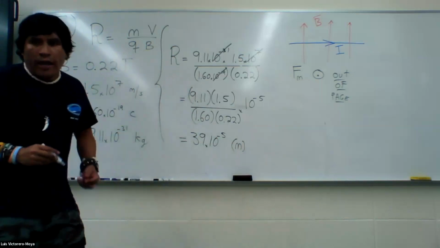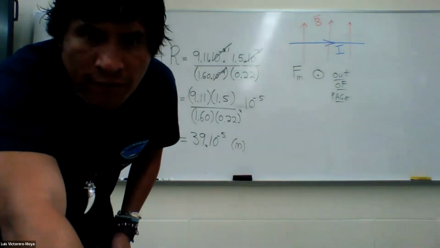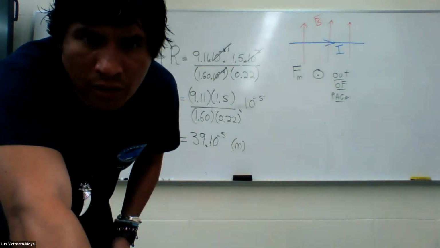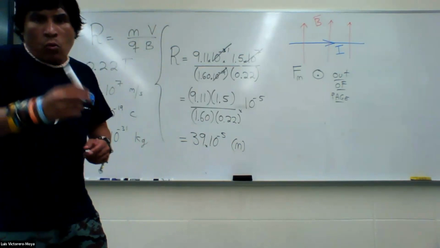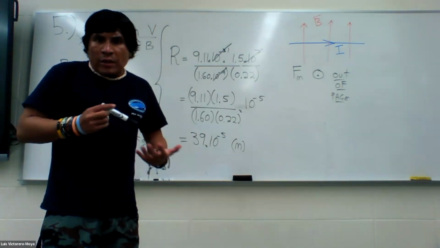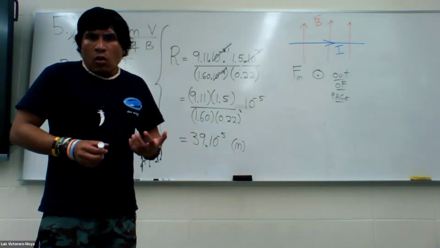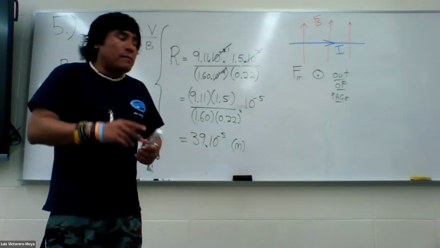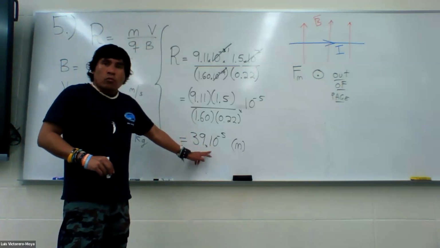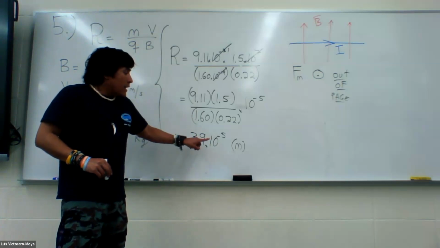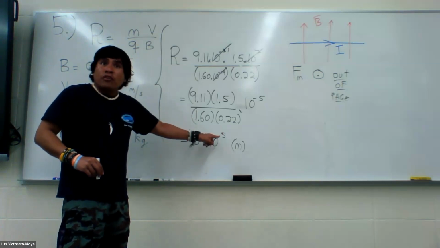In an exam, that's okay. But what happens in the final exam or multiple choice exams is that they give you options like the ones in here, right? 3.9 millimeters or 0.30, it's all in millimeters. So we have to convert this into millimeters. Millimeters is 10 to a negative 3.